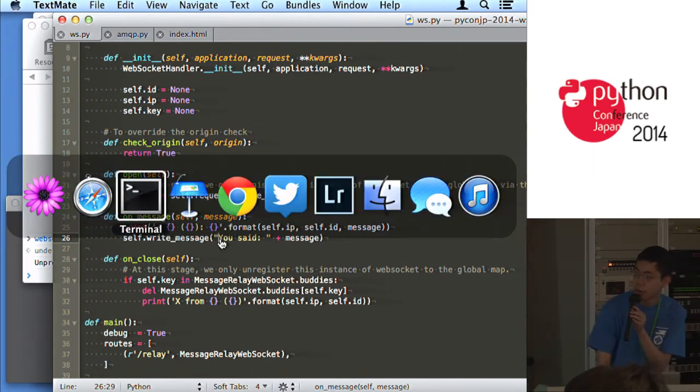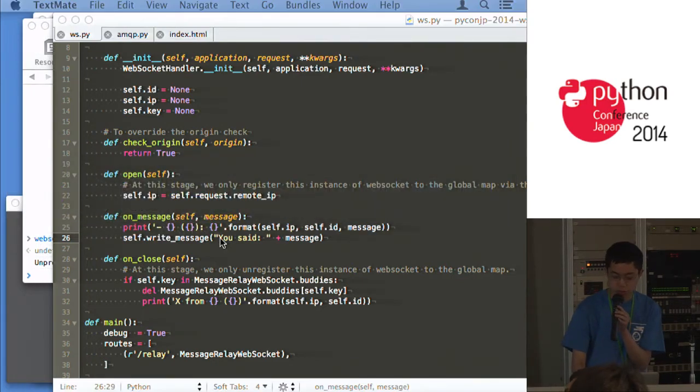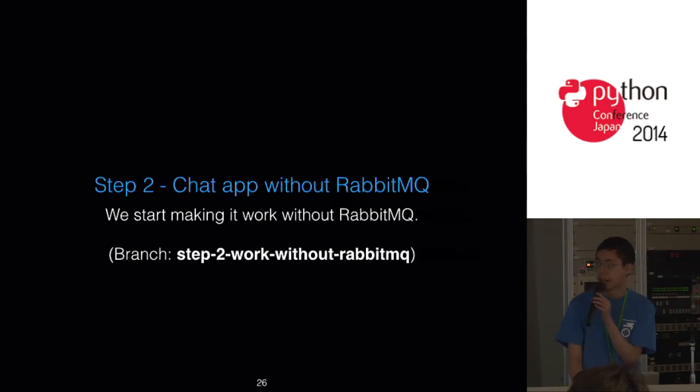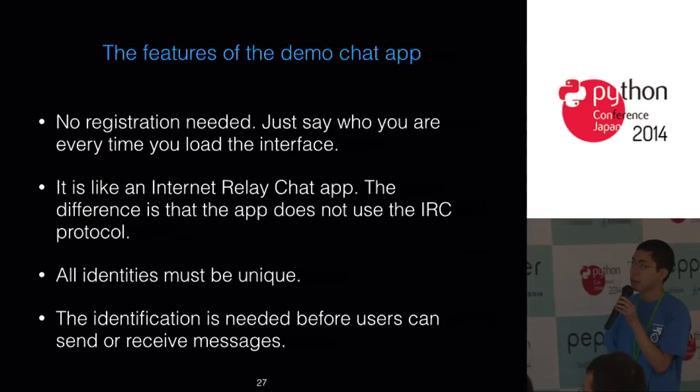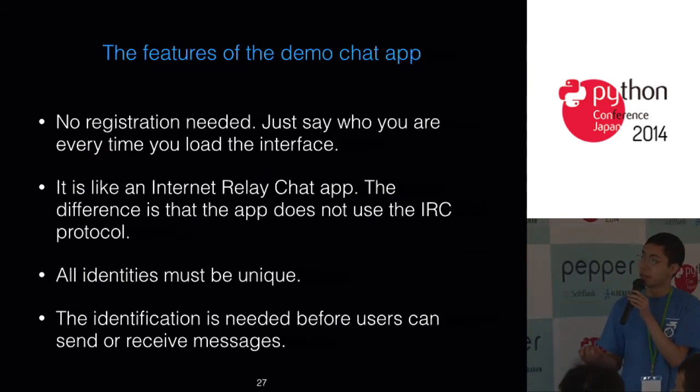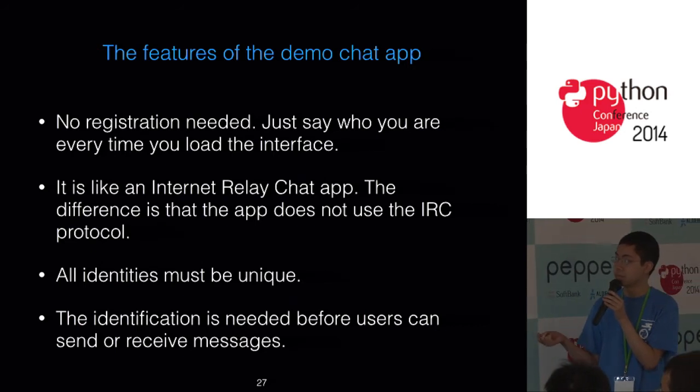Now we are going to move on to step 2, where we're actually going to start letting people talk. As I mentioned earlier, my demo server was down thanks to the Canadian ISP, so we are going to go without letting anyone talk to each other in this session. The feature of the demo app is no registration.